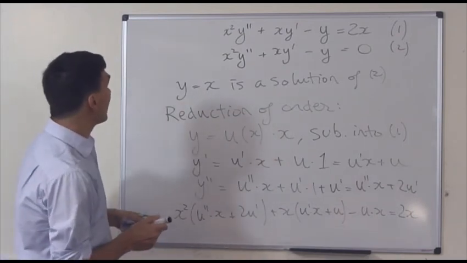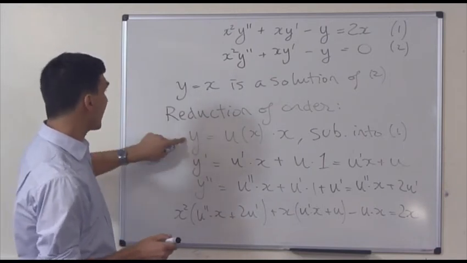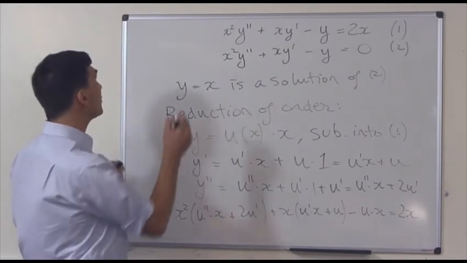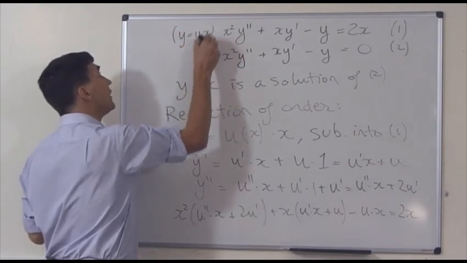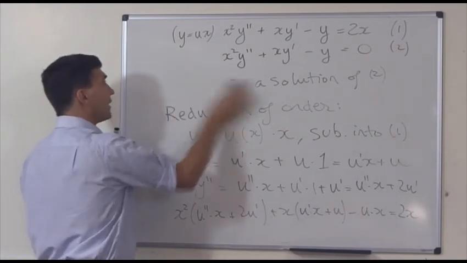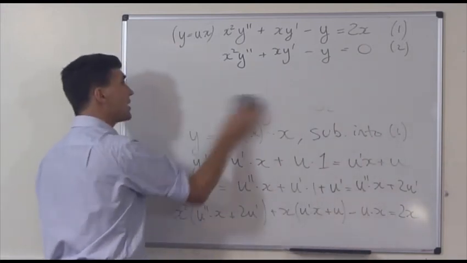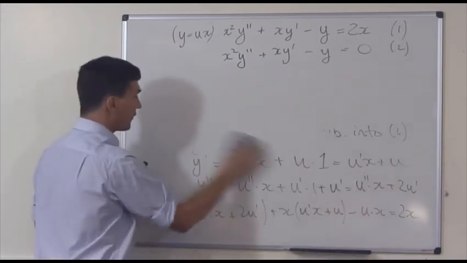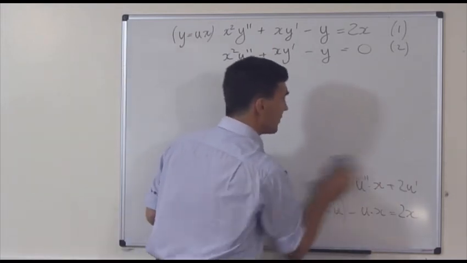So I'm going to erase this working here so far, but I'm going to save our y is u times x just up here in the corner to remind us what we're doing. And I'll proceed with simplifying that equation for you. And you'll see that we can indeed make progress with it.